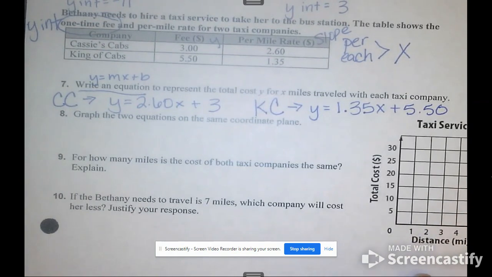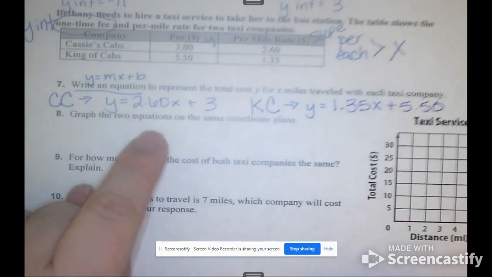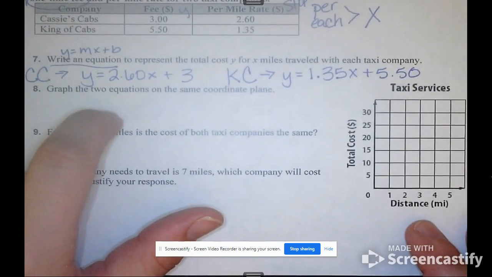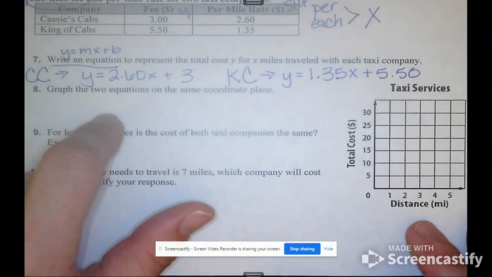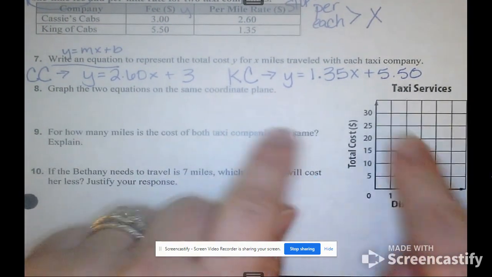Okay, so this is the part that I was telling you might cause a little bit of confusion because the graph is not great, the numbers are not great. So I might change what our slope is just to show you how you would graph this.